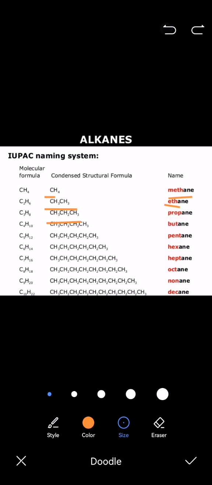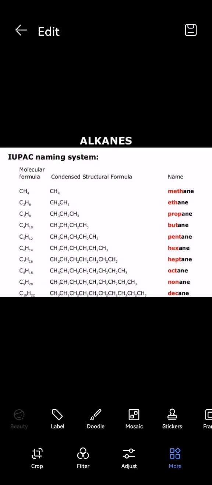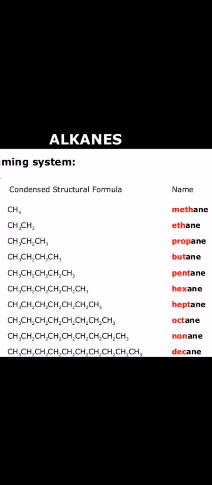If we have 4 carbons, that's but. And if we have 5 carbons, that's pent. That's how we do it for all the hydrocarbons. So for all the hydrocarbons, it's meth, eth, prop.